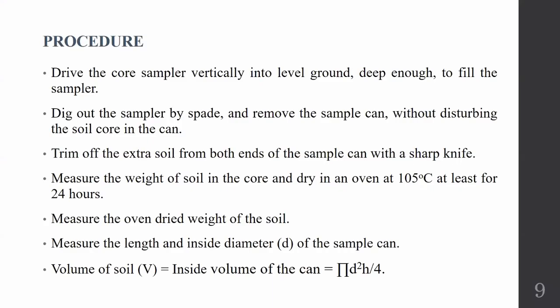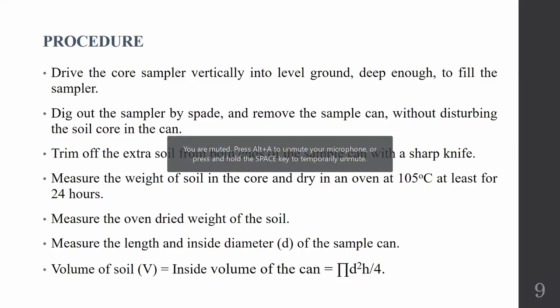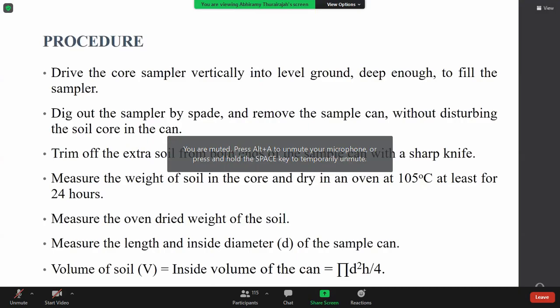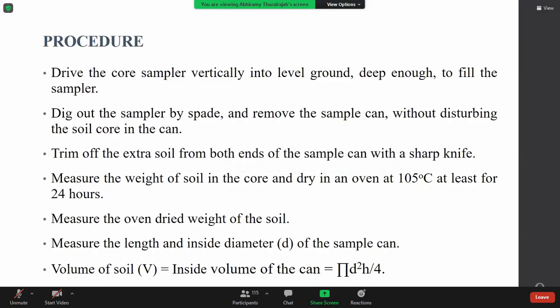Trim off the extra soil from both ends of the sample can with a sharp knife. Measure the weight of the soil in the core and dry it in the oven at 105 degrees Celsius for at least 24 hours. Measure the oven dry weight of the soil. Measure the length and inside diameter of the sample can.